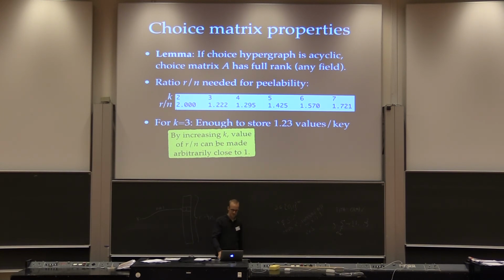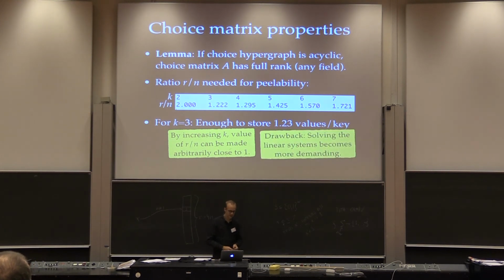Alright, so we can make this ratio of the size of the data structure to the number of keys arbitrarily close to 1. So this basically means that we can have a solution to the retrieval problem which is arbitrarily close to the space you would need for only the values.